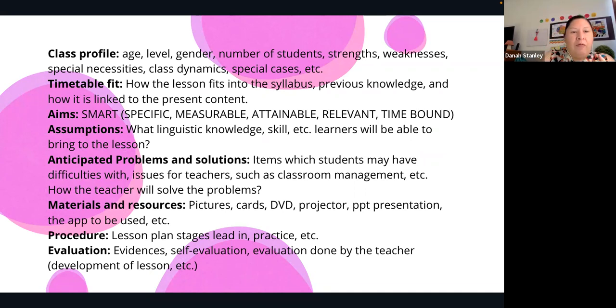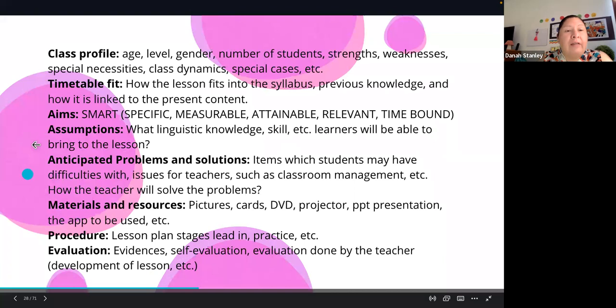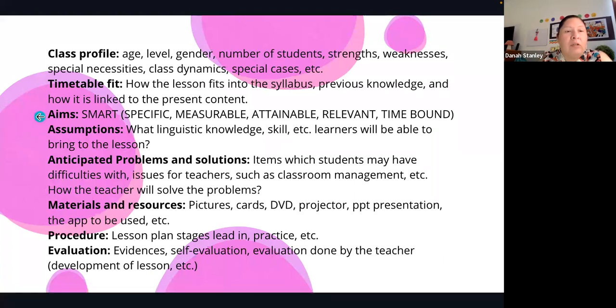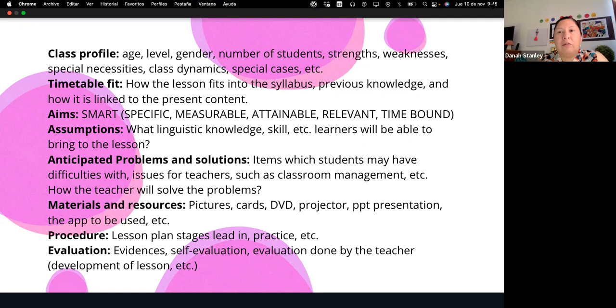If you have the class profile, the timetable fit, if you take into account the timetable fit and the assumptions, well, we saw that you have a main aim. If you foresee the possible problems and solutions, the materials, if you describe the process, and if you take into account the evaluation part, okay? So 1 minute.